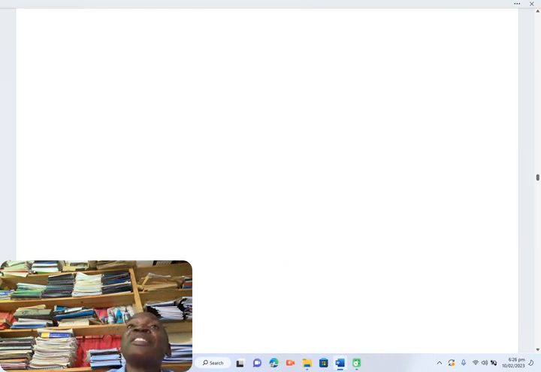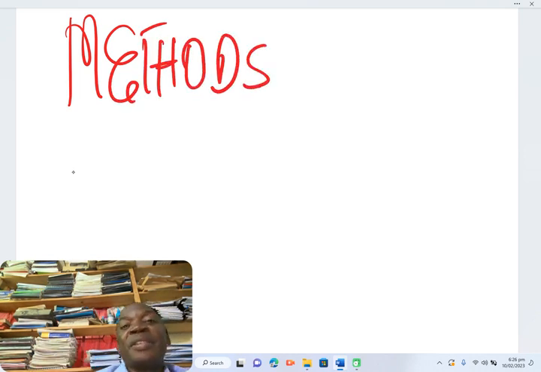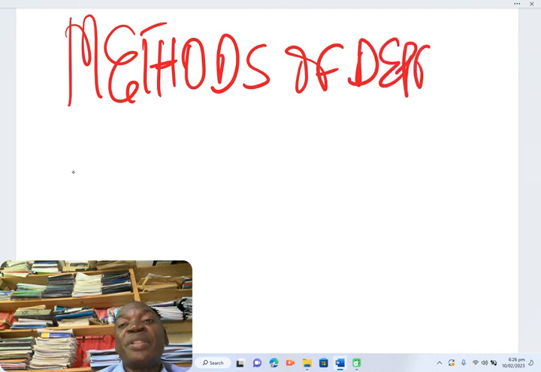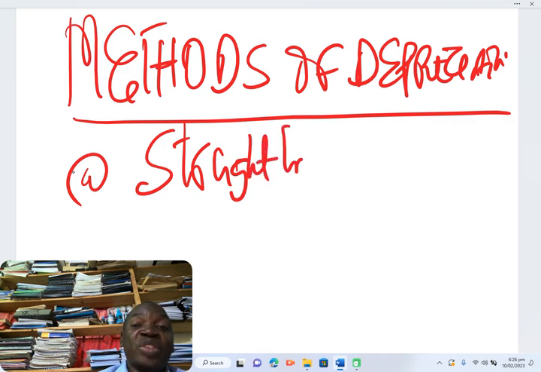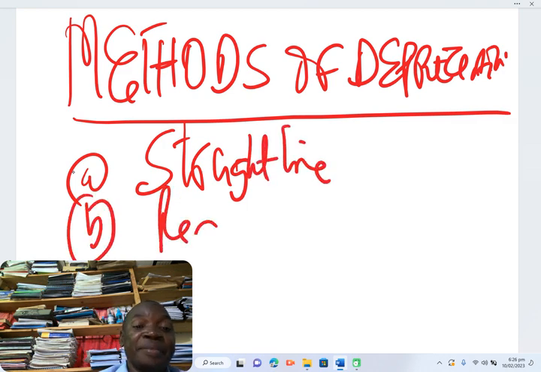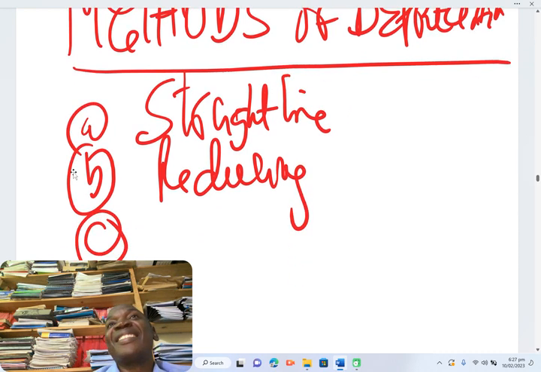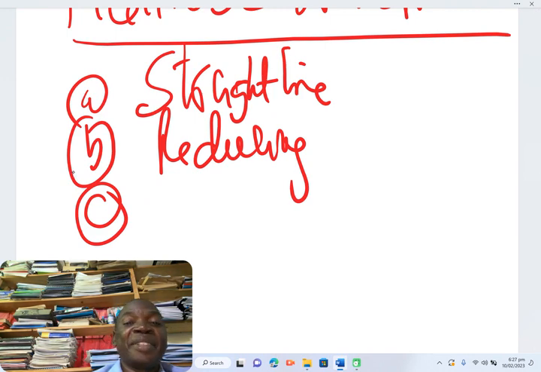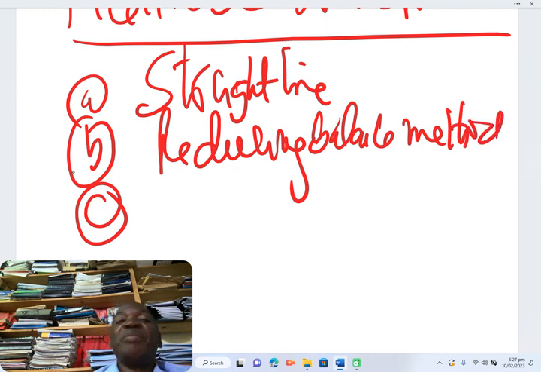Sasa problem inakuja, method of depreciation. Do you understand these methods? The methods of depreciation. Ya kwanza, straight line. Ya pili, reducing balance method.